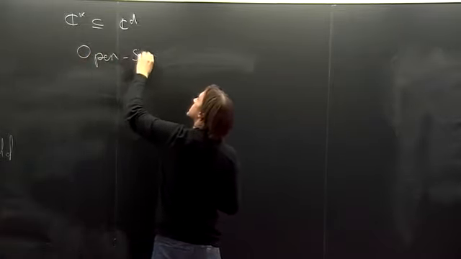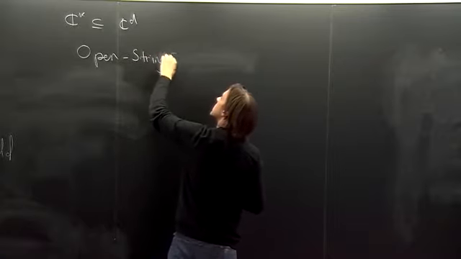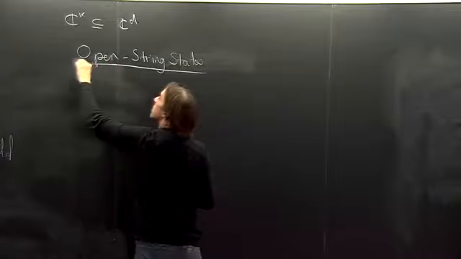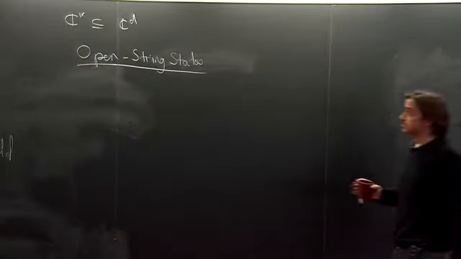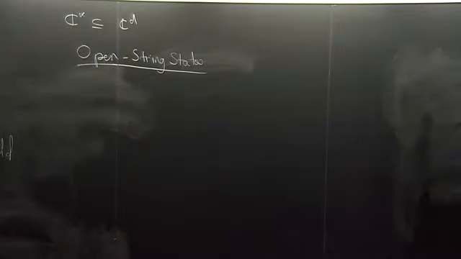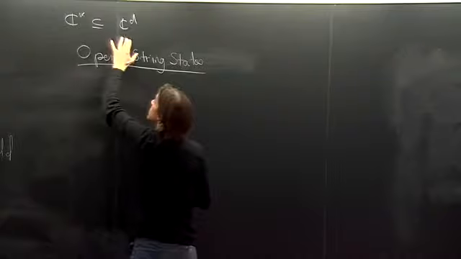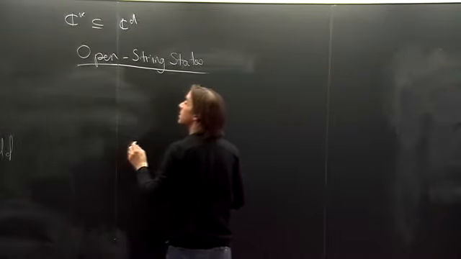So what are the open string states? The math definition would involve words like derived categories and Ext groups and things like this. But if we just focus on this case of a linear subspace, it's actually very simple.